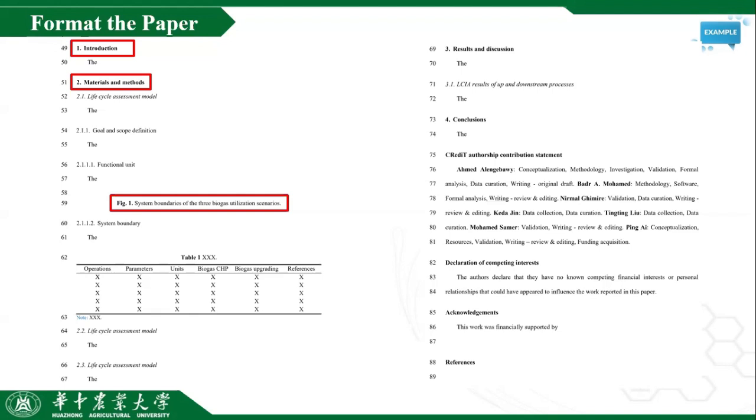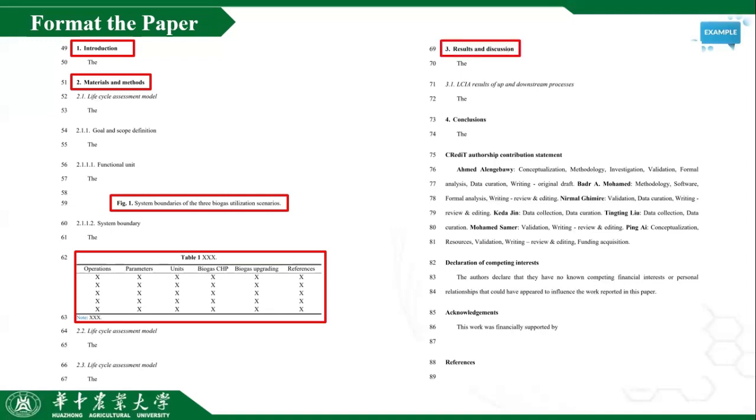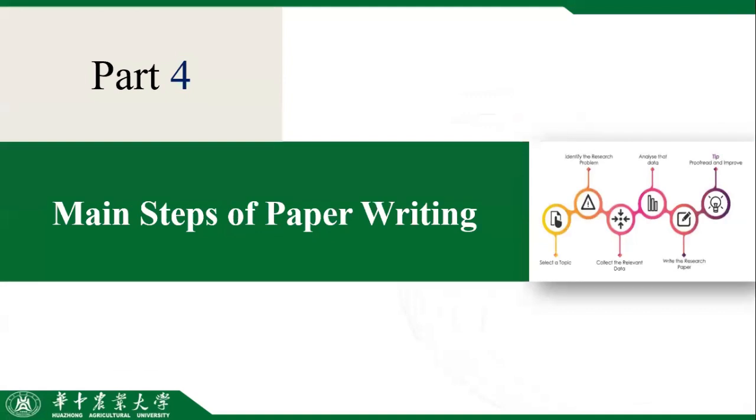Maybe if I create it at the time of writing, maybe I put it in the left or the right. So to avoid these format issues, you may make a format for you, and every time you just change the information. I also keep format for table and result discussion, conclusion, and the statement, contribution, and finally the reference. So this is the easy way to format and structure your paper.